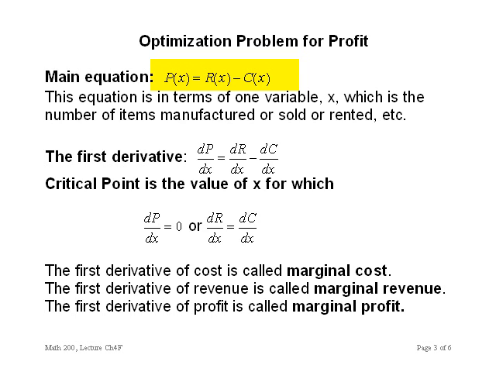Now you can take the first derivative, and there's a name for them. The first derivative of profit with respect to the number sold is called marginal profit. The first derivative of revenue with respect to the number sold is marginal revenue, and no surprises here.